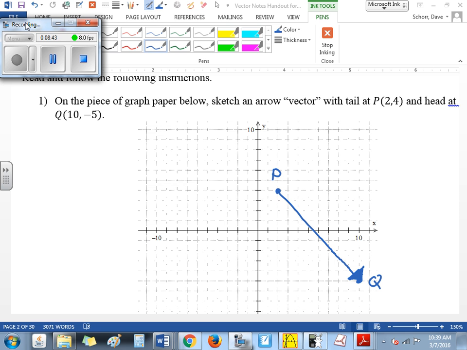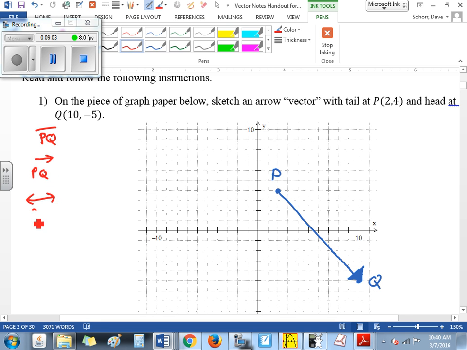Okay, so let's talk about it for just a second. In geometry class, you learned about segment PQ, ray PQ, which is totally different. Hold on, let me erase that. So ray PQ, and we have line PQ. So these are just some old geometry things.